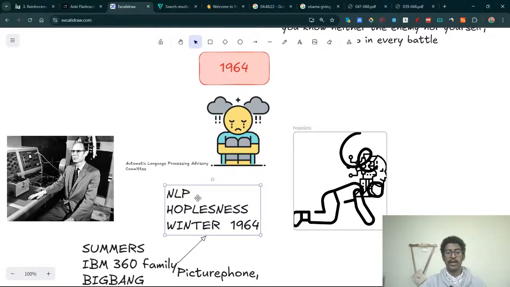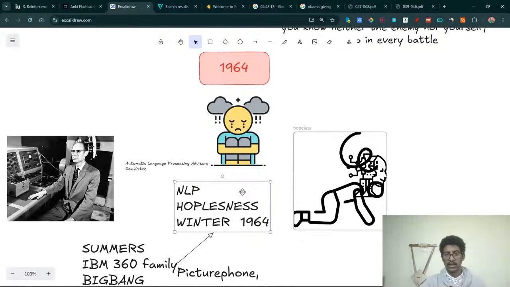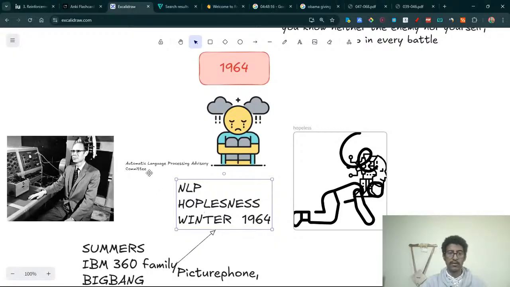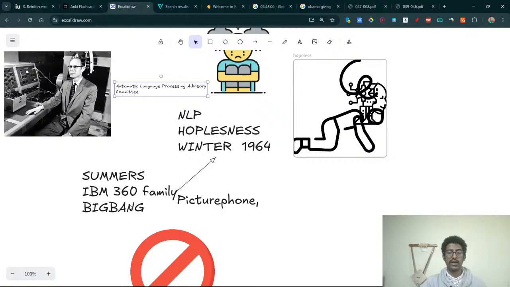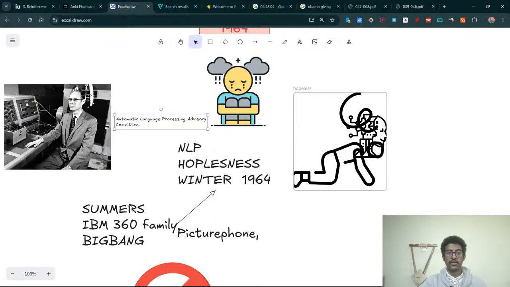So the NLP winter started in 1964, and then there was a committee, the Automatic Language Processing Advisory Committee. They decided enough is enough. We no longer pursue this dream.